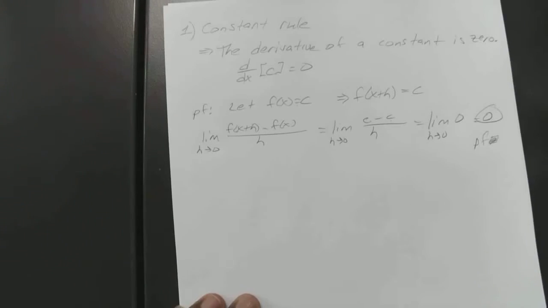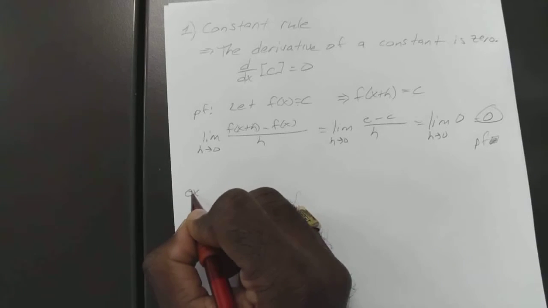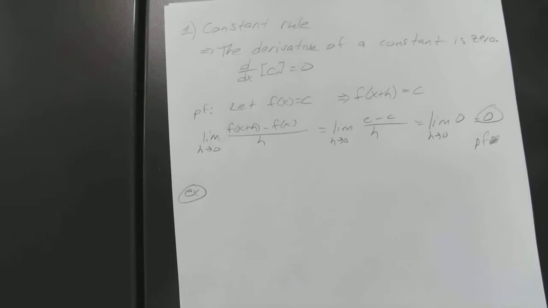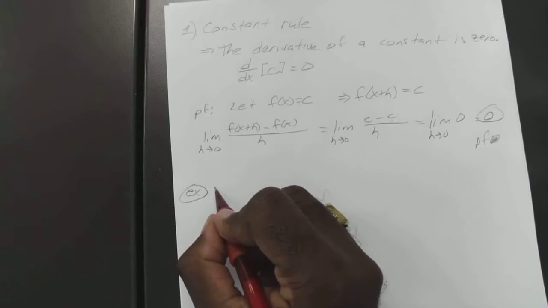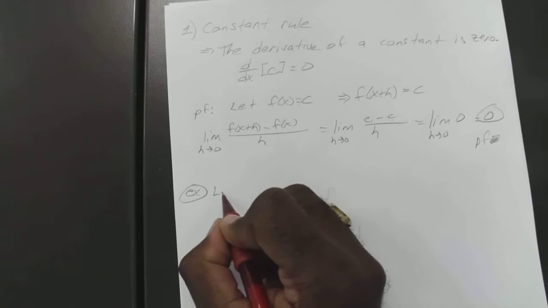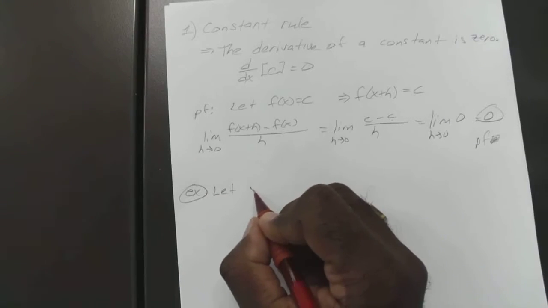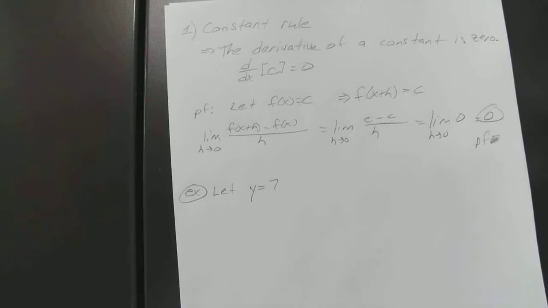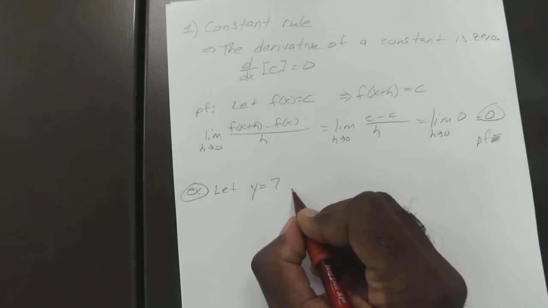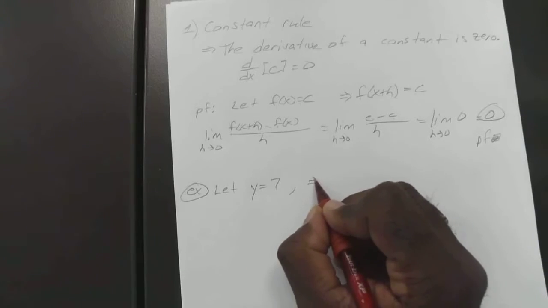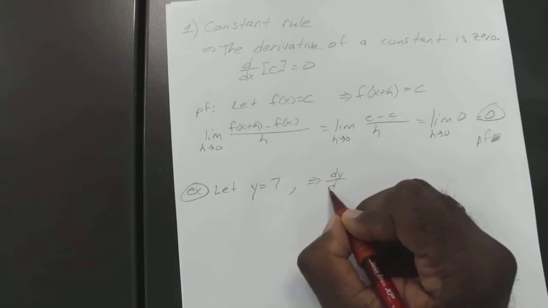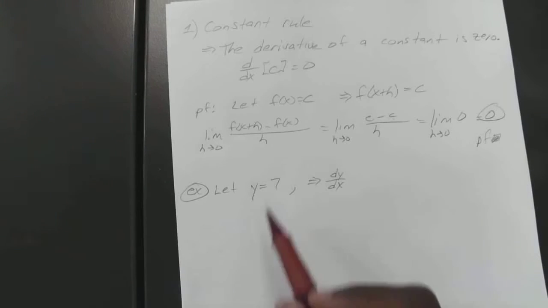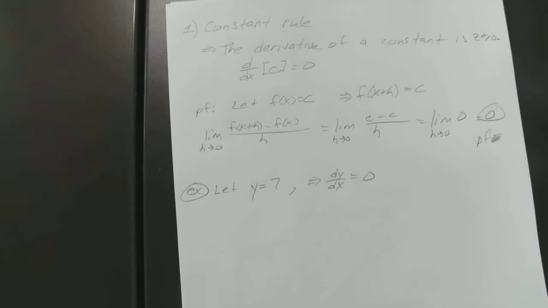All right, so for example, let's say y equals 7. Then the derivative of y with respect to x would be 0.